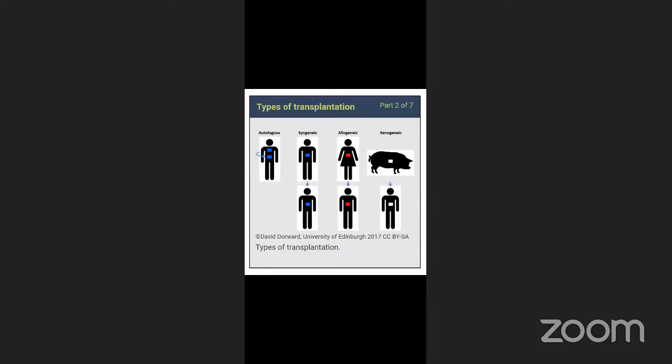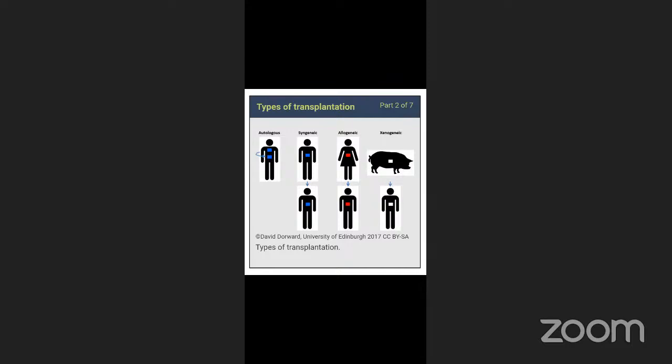Coming to the isograft. Syngenic means in the twins. And allogenic is tissue transplantation.